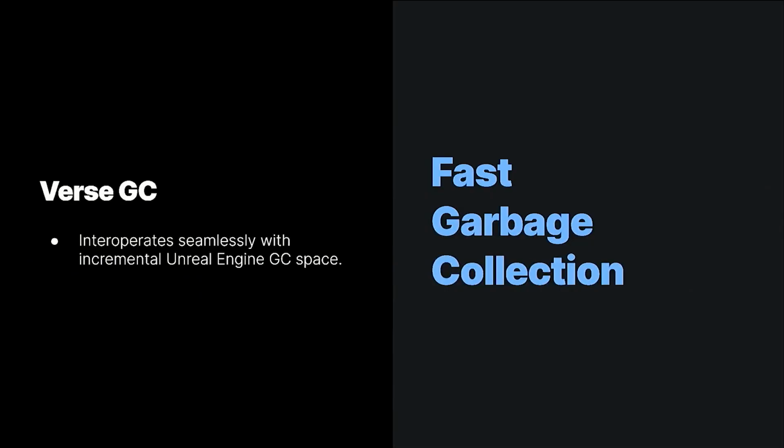So the garbage collection reachability work that has to happen for native U objects will happen at the end of tick with that 2 millisecond or whatever time limit. But even outside of that 2 milliseconds where the Unreal Engine garbage collector is doing its work, the Verse garbage collector will be doing its work concurrently on its own threads. So that'll enable really fast garbage collection even if your heap gets big or you're allocating a lot of objects without any kind of hitches, not even the 2 milliseconds at end of tick.